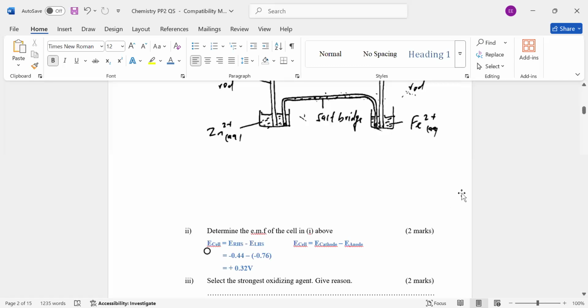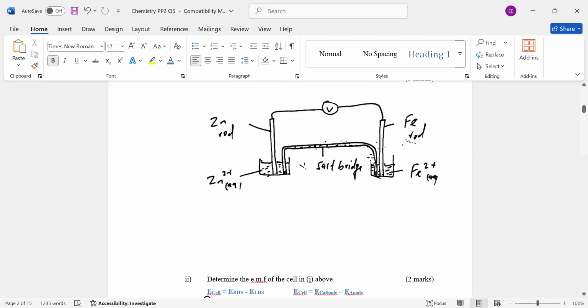Baraka, your hand has been up. Let me give you a chance. Yes, Baraka. On the diagram, should you indicate the flow of electrons? If you are asked, yes. But if you are not asked, it's not a must. Reason being, I'm always very particular about what you are answering.